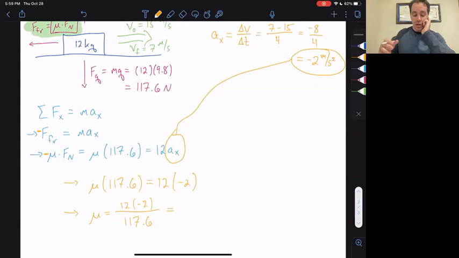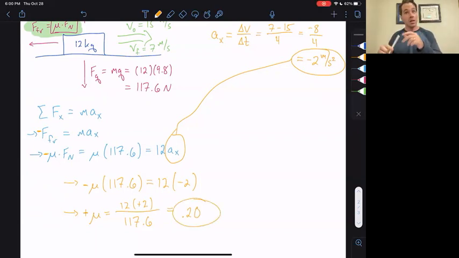And I've agreed that pointing to the right is positive, pointing to the left is negative. So this should have been negative the whole time, meaning that when I divide out, it will end up being positive. Sorry about that, hiccups happen. So this is going to be 0.20. That's the coefficient of friction.